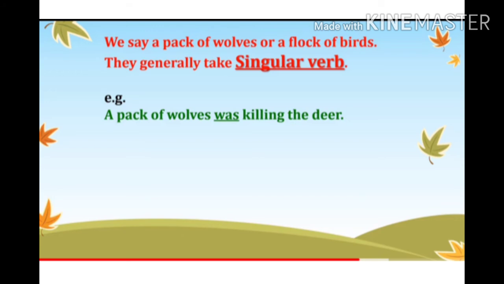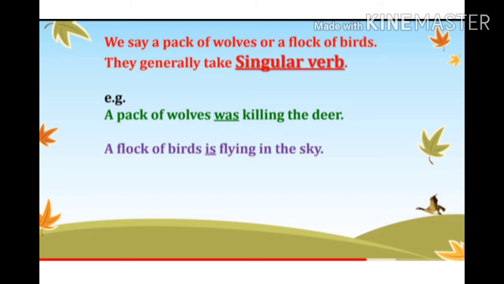Now you must be thinking, since there are more than one, we should use were killing the deer. No. You have to understand and learn this, that whenever we are talking about a group together and we are using a collective noun over there, that time we will have to use a singular verb with it. So, a pack of wolves was killing the deer will be used here.